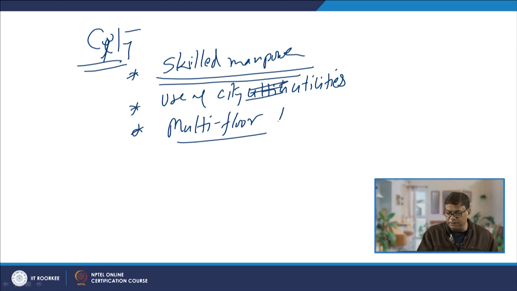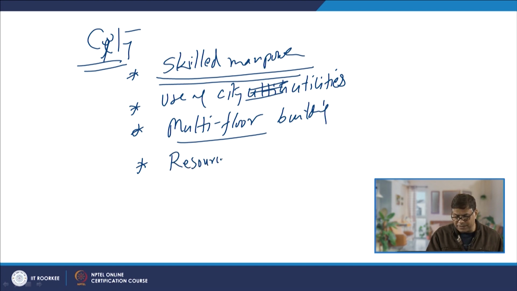So, if multi-floor buildings are needed, then it will be good because there are so many benefits related to locating a plant near the city, close to the resources.